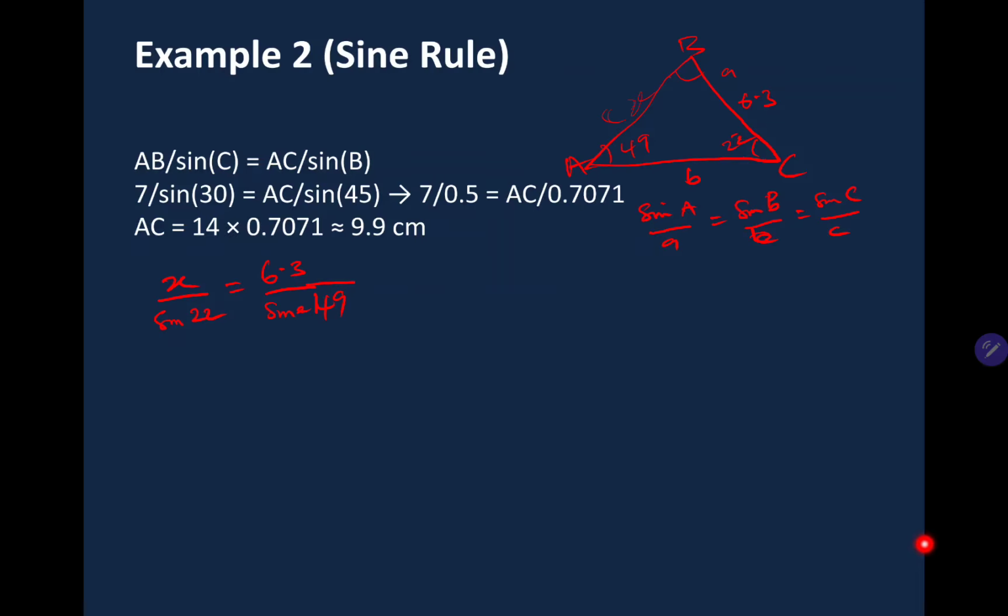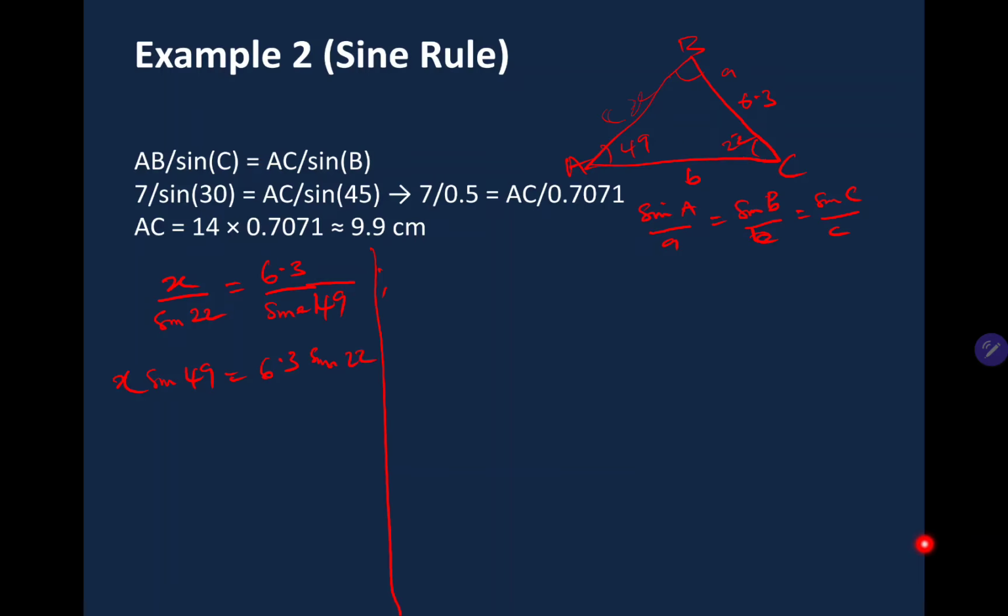Okay, now as usual, what remains is arithmetic. We just need to cross multiply. When we cross multiply, this will give us x sine 49 is equal to 6.3 sine 22.